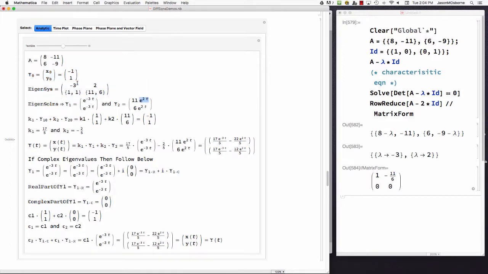You can see here that the first eigenvalue was -3 and the eigenvector was 1, 1. And for the eigenvalue of 2, we got 11, 6, which is what we showed from before. The next step is to take your straight line solutions. There was the first one we found for the eigenvalue of -3, and here's your second straight line solution, y2.